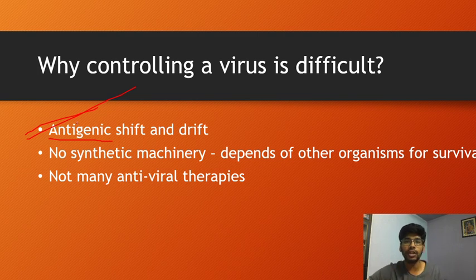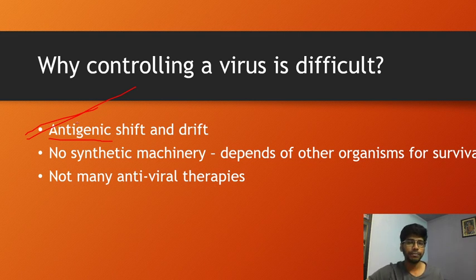For that particular position, you can synthesize a drug so that our immune response will identify that particular thing. But in the virus, there is no proper mechanism by which you can zero out the constant position. It keeps on mutating, and different strains are being produced constantly. Because of the antigenic shift and drift, it is becoming extremely difficult to identify a novel drug or to synthesize a vaccine for viral diseases.